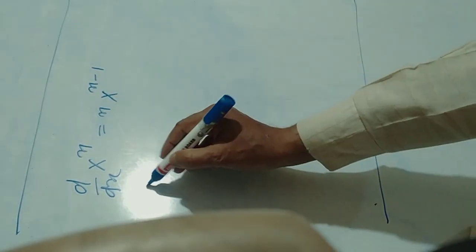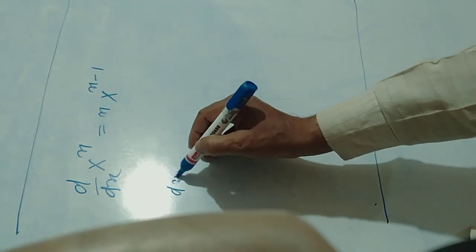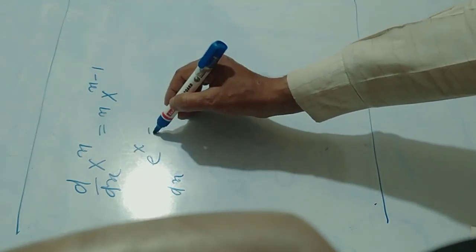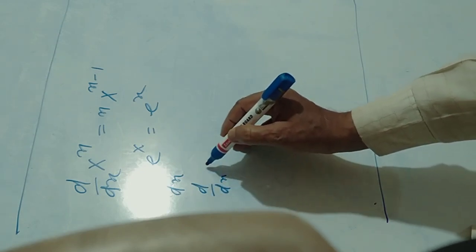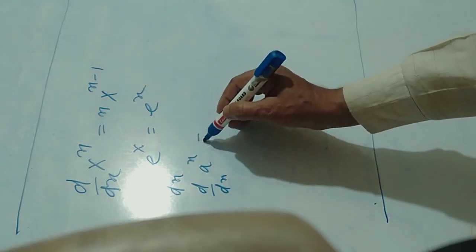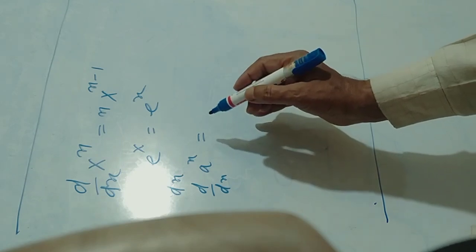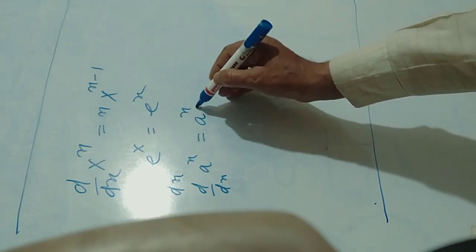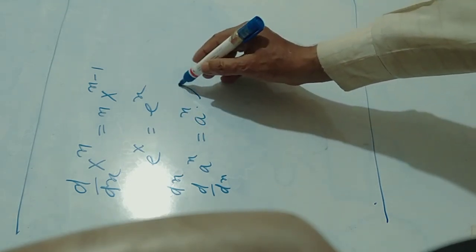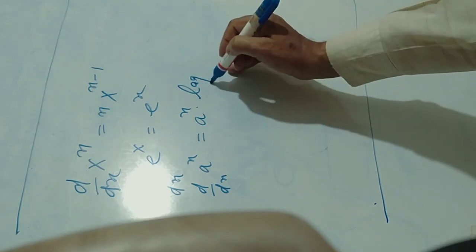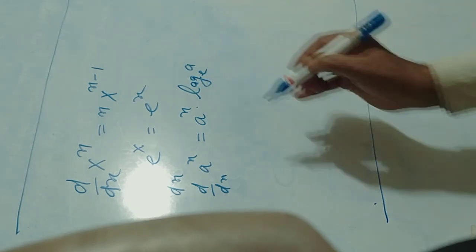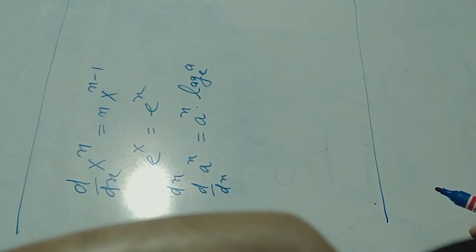Second, d/dx of e^x is equal to e^x. Okay, d/dx of a^x is equal to a^x into log a to the base e, right?